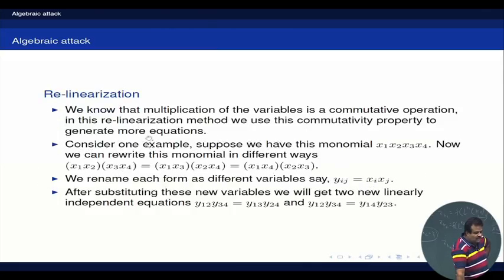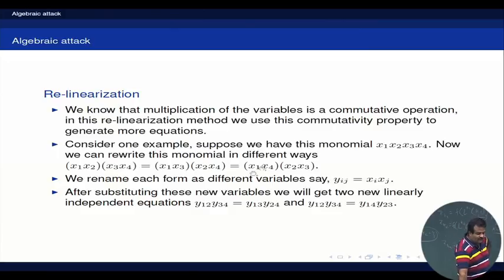So suppose we have this example, we need to do the relinearization. How could we do that? We know that multiplication of variables is a commutative operation. In this relinearization method we use the commutativity property to generate more equations, because our system of equations is not invertible, I mean it's not giving the unique solution.